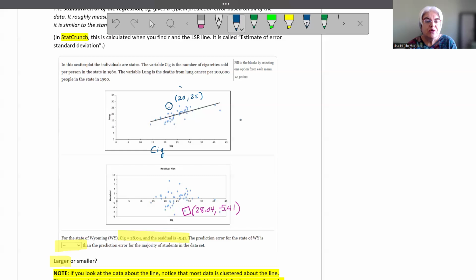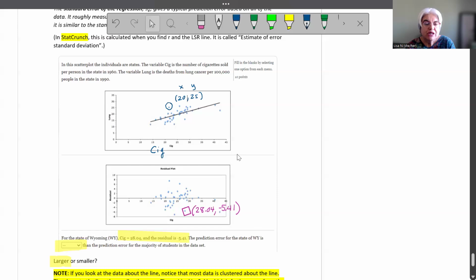This is our X coordinate, this is our Y coordinate. 20 means that 20 cigarettes are sold on average per person. And then the 25 has to do with how many people die of lung cancer per 100,000 people. So that's what it means.